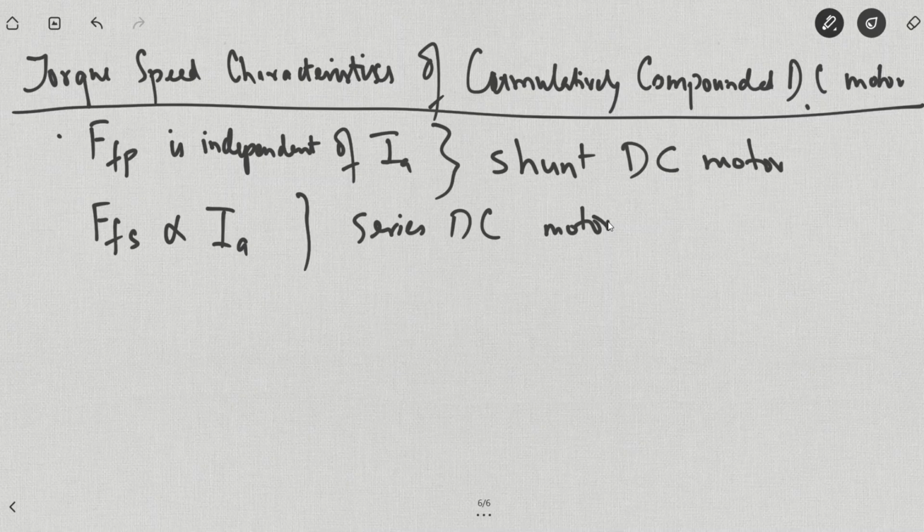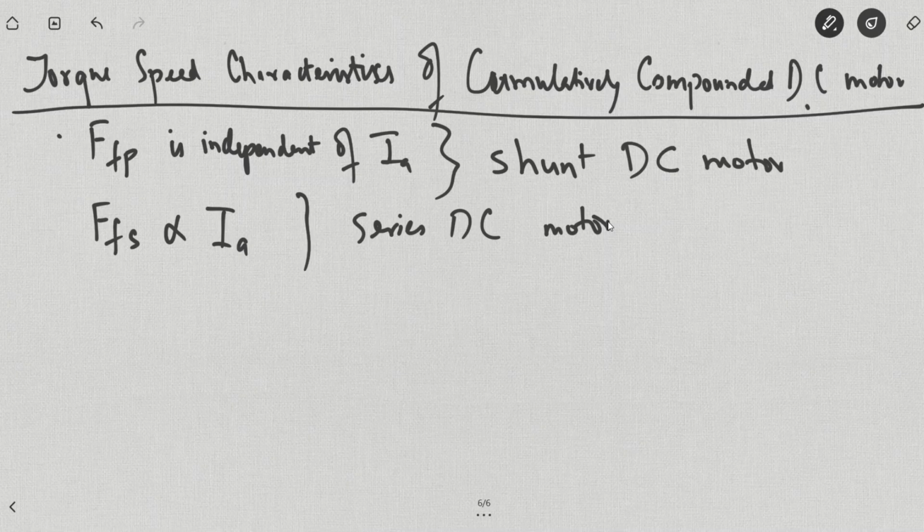In a shunt DC motor, the flux produced is totally independent of the armature current and therefore constant with respect to it. Whereas in a series DC motor, the flux produced is entirely proportional to the armature current. As the armature current varies, the field varies.